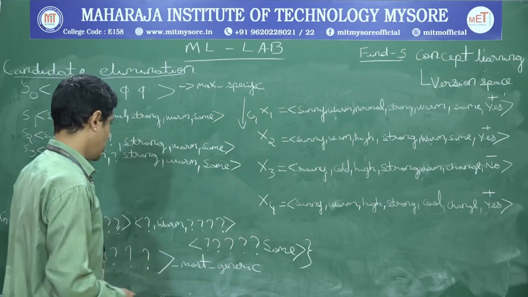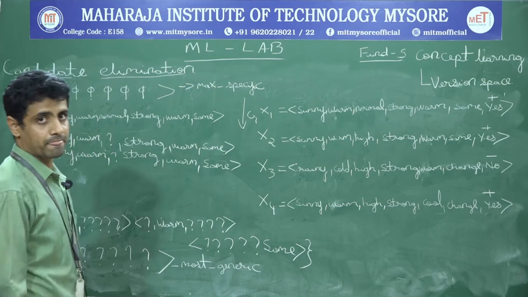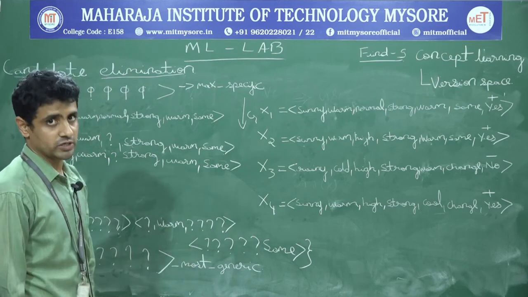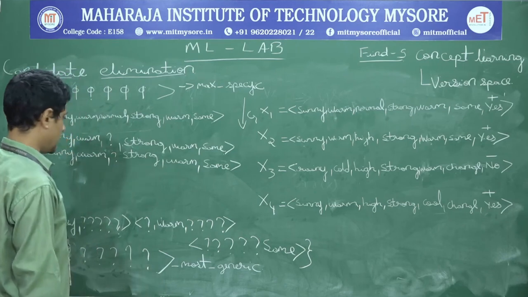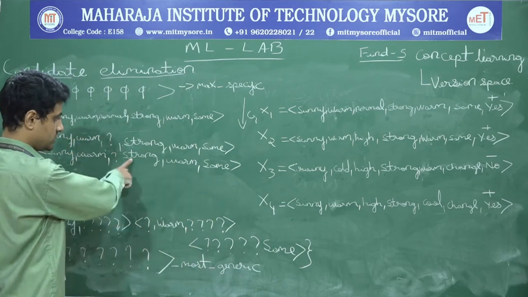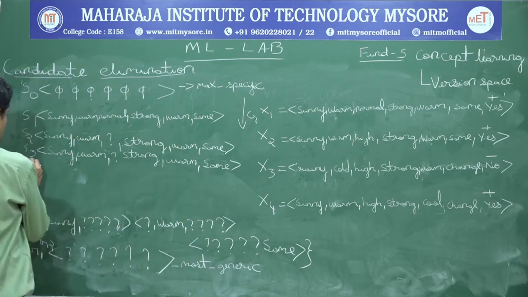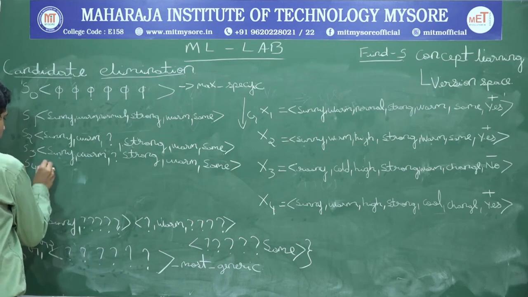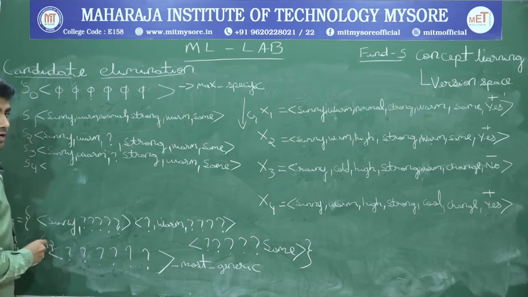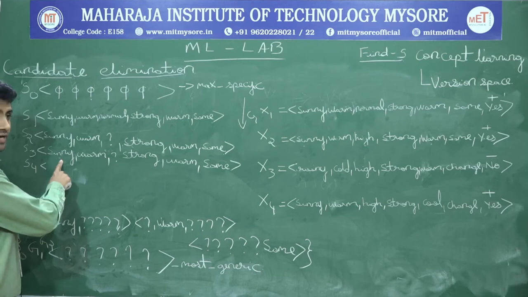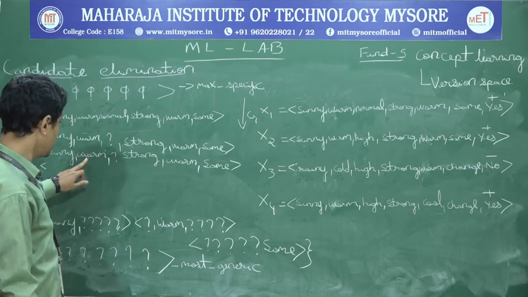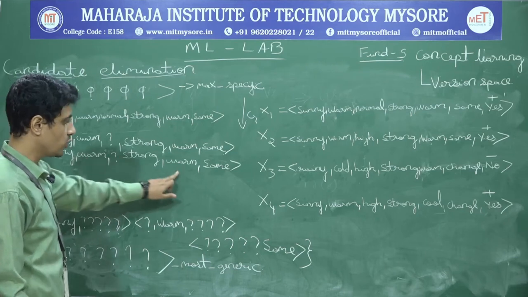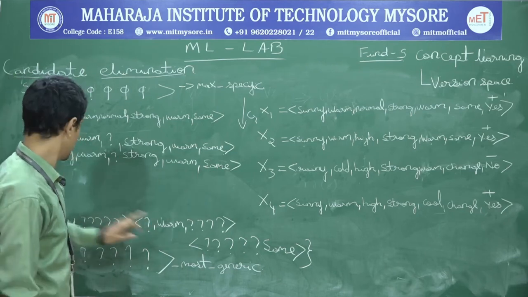Okay. Now going with the fourth example, again it is a positive one, so it will be a simpler one for all of us. If it is positive, I'll go with S now. Now S4, see we have sunny, warm, question mark, strong, warm, same.